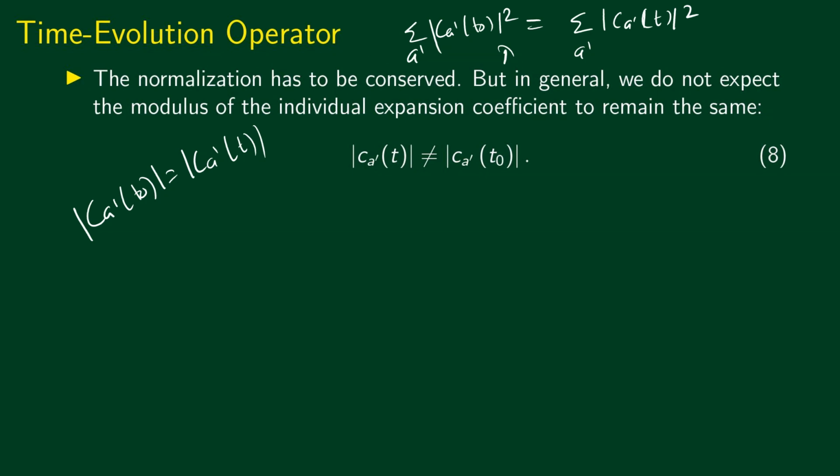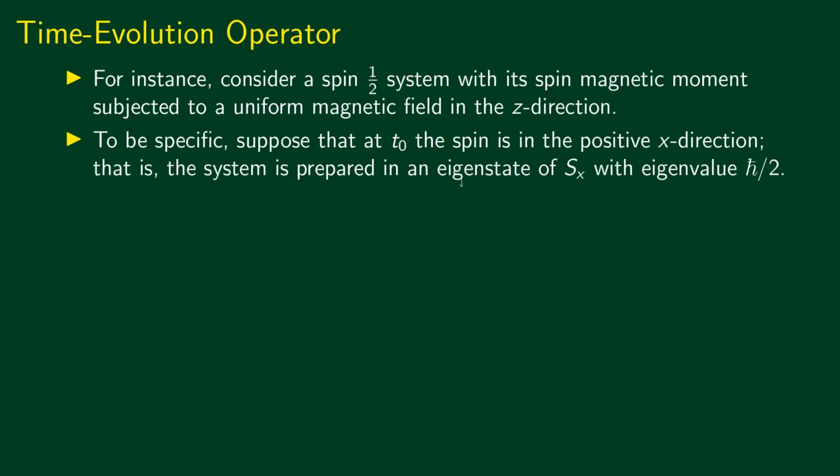And this is one way to satisfy this requirement. But of course, we don't expect this to happen because there are simple physical systems which show that the individual expansion coefficients actually do change with time. For example, let's consider a spin half system with its magnetic moment subjected to a uniform magnetic field in the z direction.